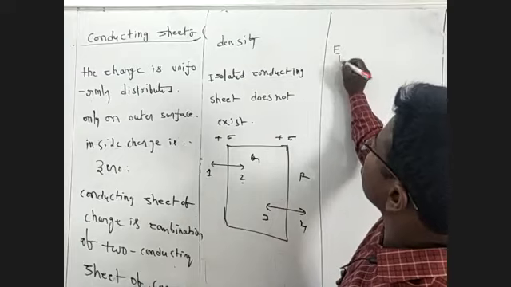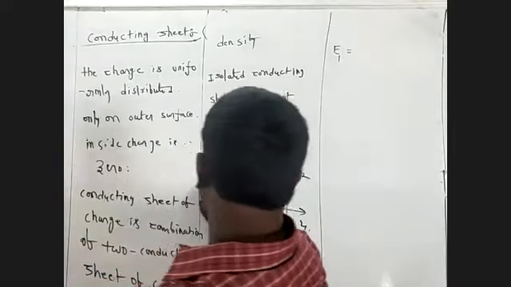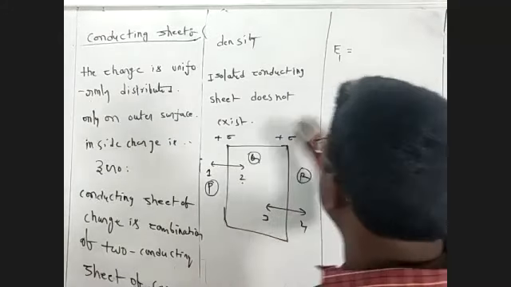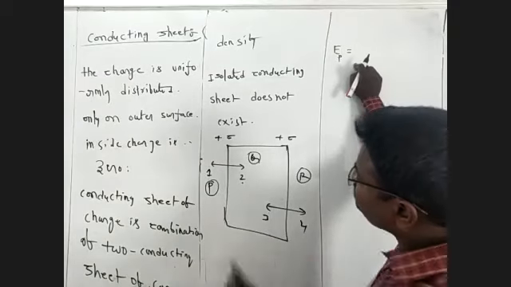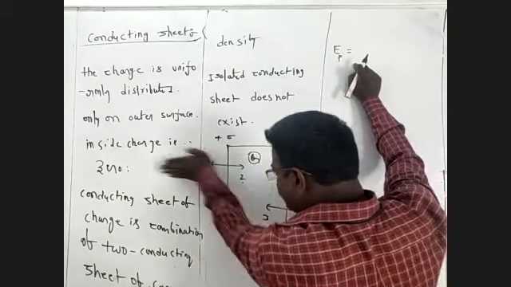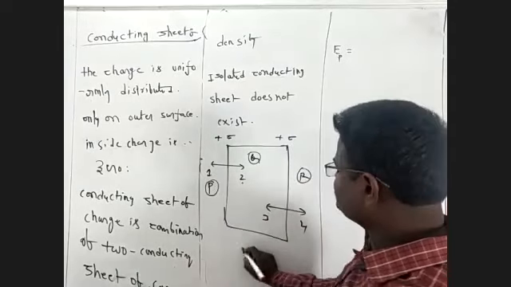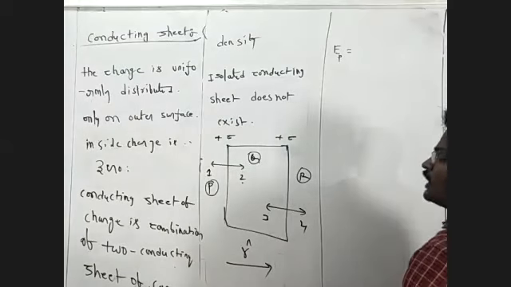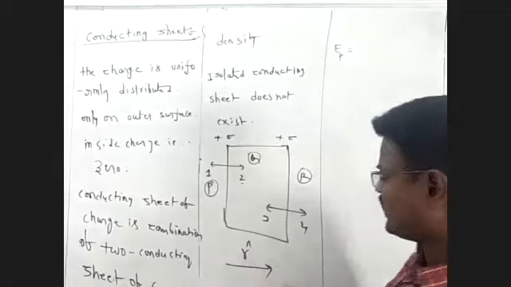We are going to calculate EP, the field at the P region, then Q region, R region. The intensity of electric field at point P: 1 is outward direction, 3 is outward direction. R cap is a unit vector that gives the direction from left to right.